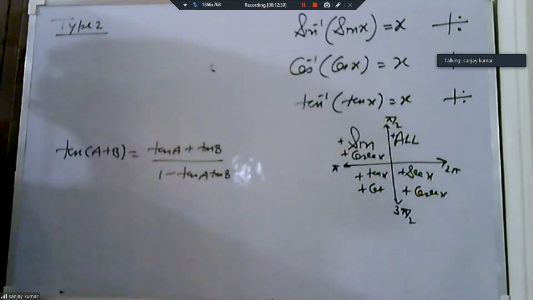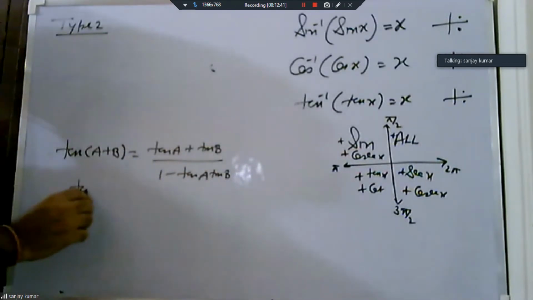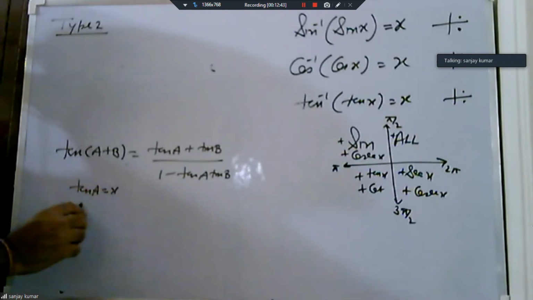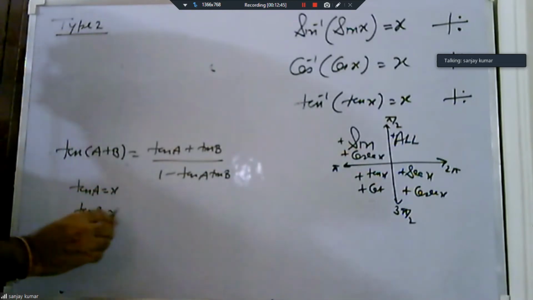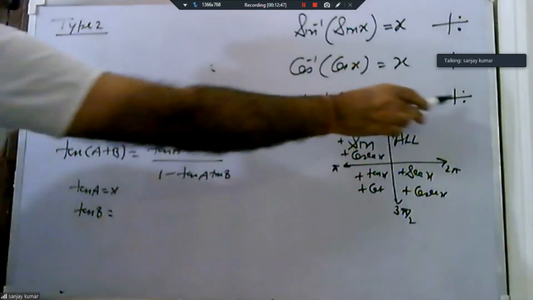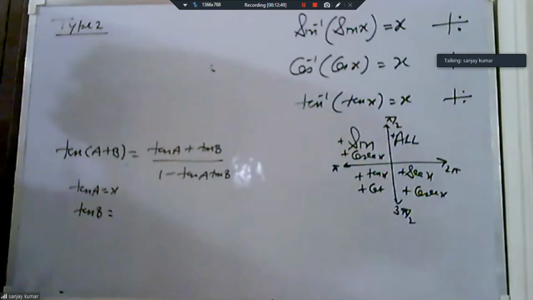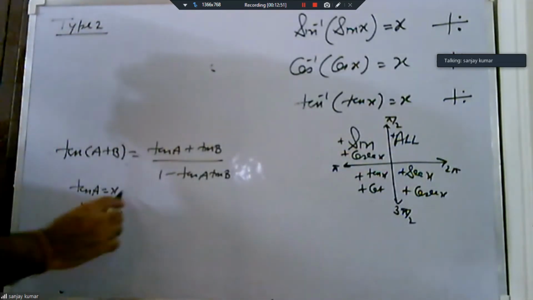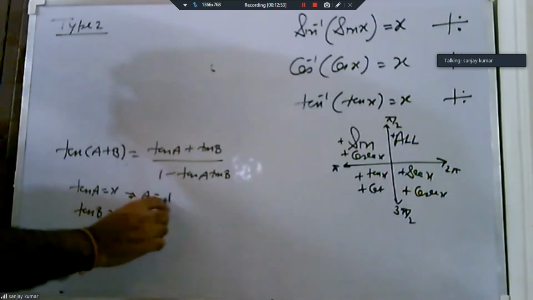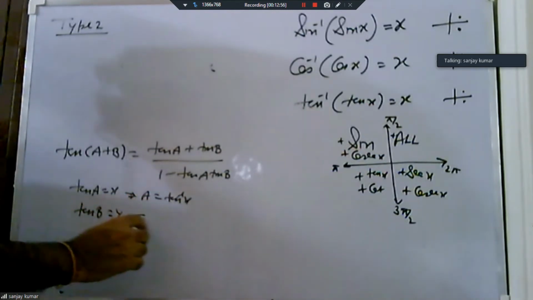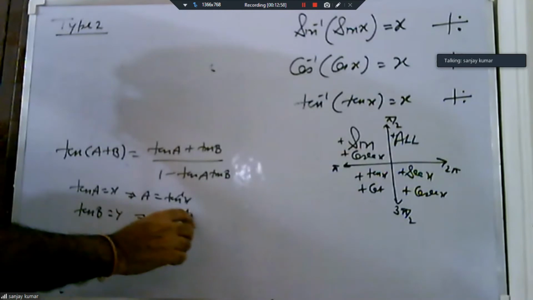Suppose you let tan a be x and tan b be y. Here tan is cancelled with tan inverse only in the first and fourth quadrant, so these formulae are only for the first quadrant. So here you get a is tan inverse x and b is tan inverse y. This is the derivation of one formula.